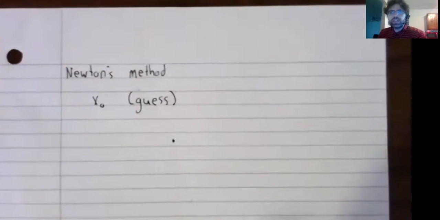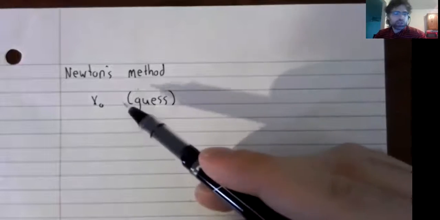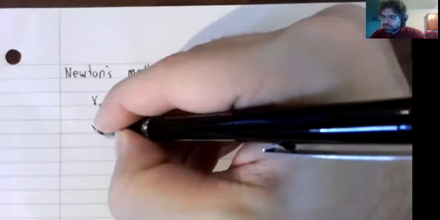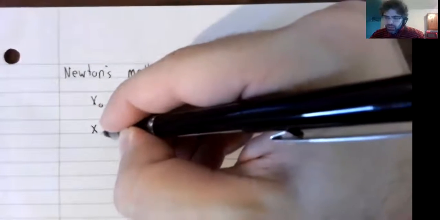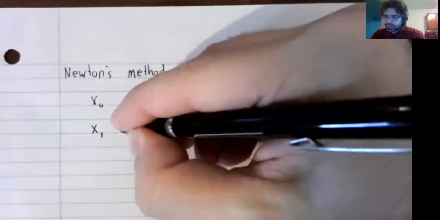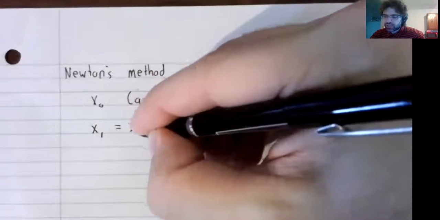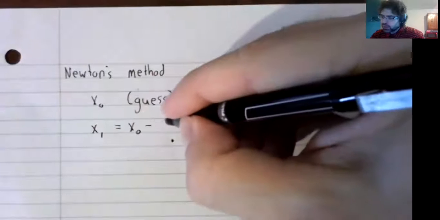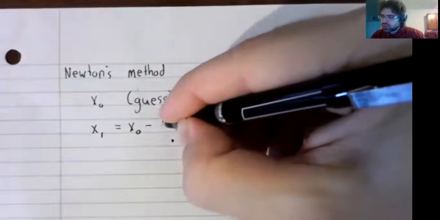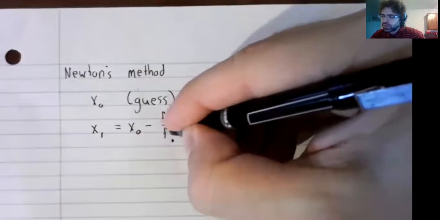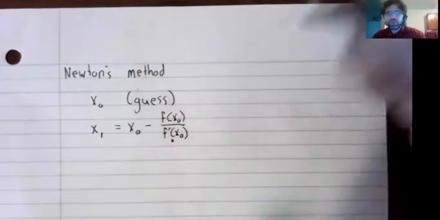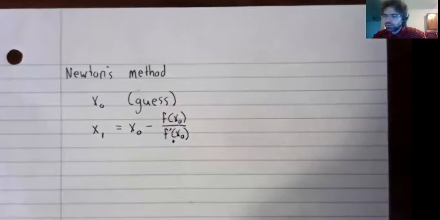To apply Newton's method, we start with some guess. Then x sub 1 equals x sub 0 minus f of x sub 0 divided by f prime of x sub 0.